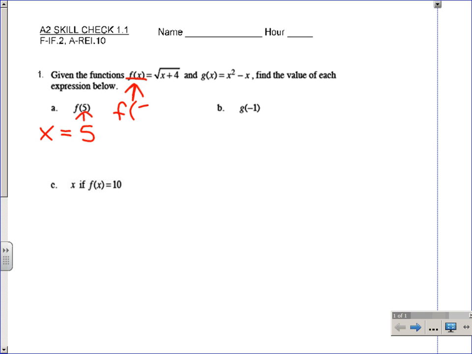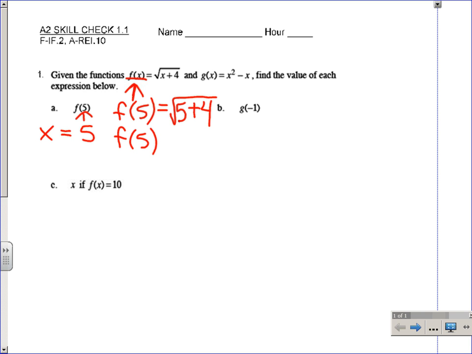F of 5, I replaced my x with 5, equals square root. I have an x underneath. Let's replace that with 5 plus 4. Okay, so we have f of 5.